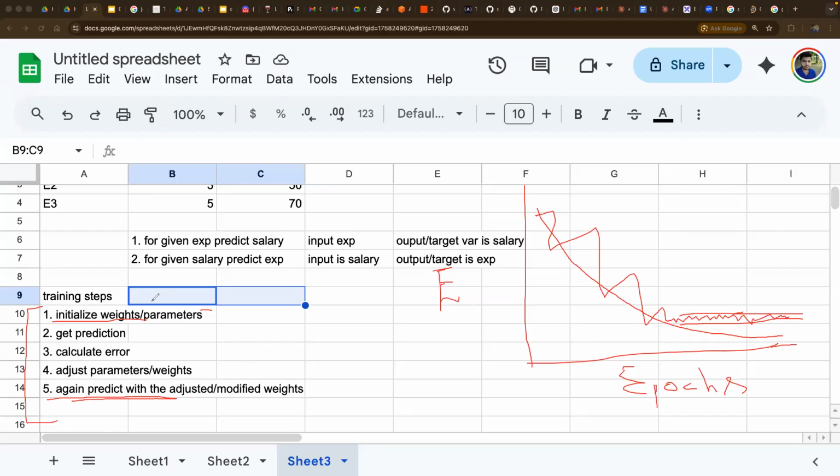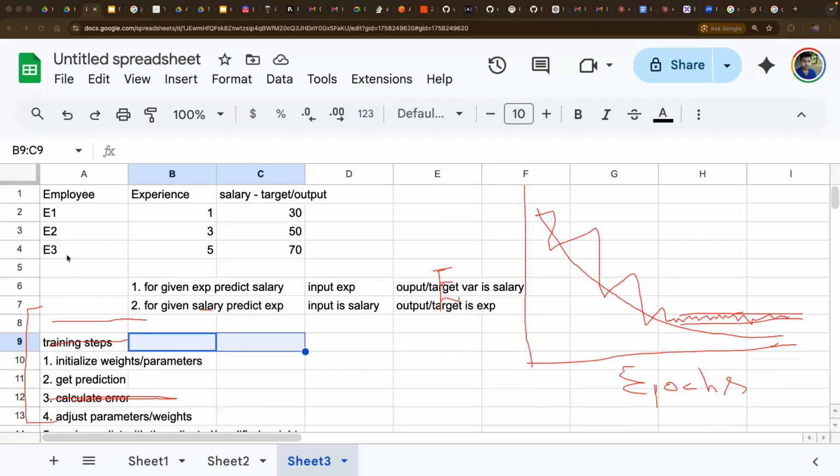And one more addition to it is, when we are initializing the weights and getting the prediction, how do we do it? For example, here I have three data points, right? So usually, initially what people used to do is, for this they will predict, let us say the prediction is 20 for this one.